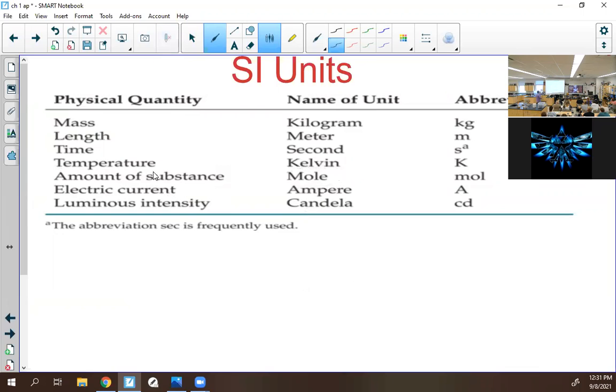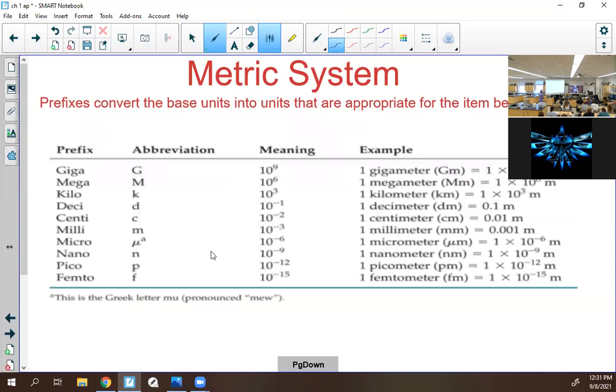We do not talk about that till the very last unit. It's called amps, and there's the abbreviation. And then honestly, in AP chemistry, I've never once talked about illumination and candelas. In physics, you do a ton, but whatever. We may come across other things, but these are it. We're going to have a whole slide about volume here in a minute, so don't think I forgot that one.